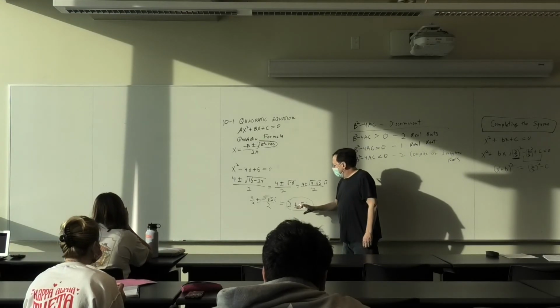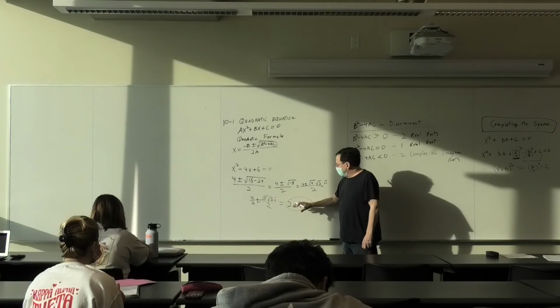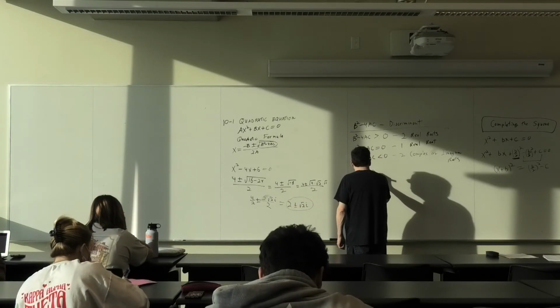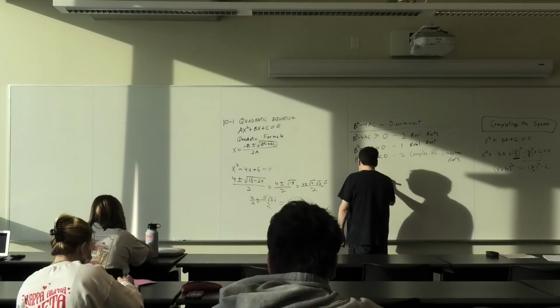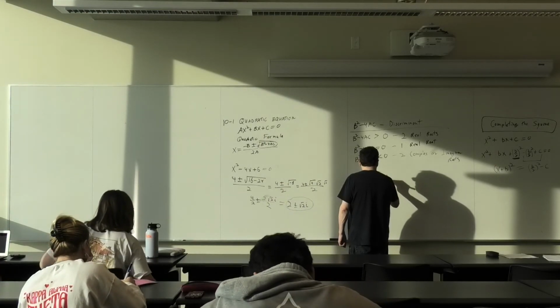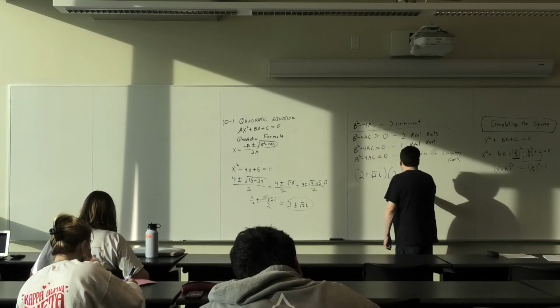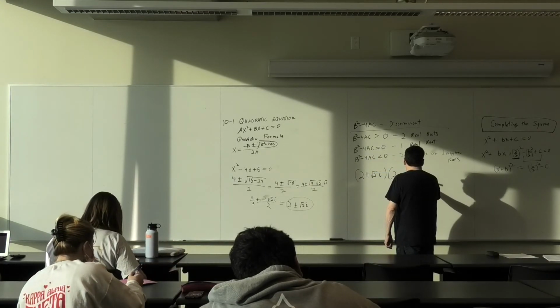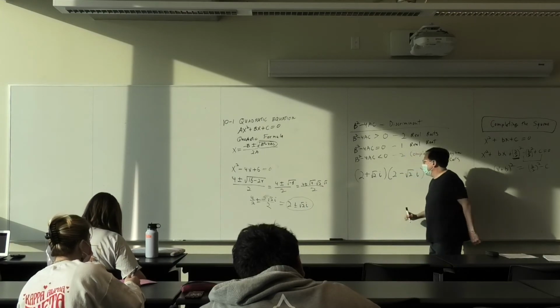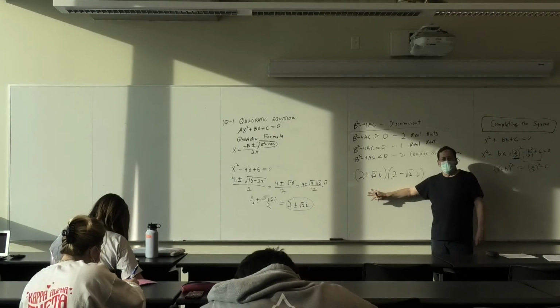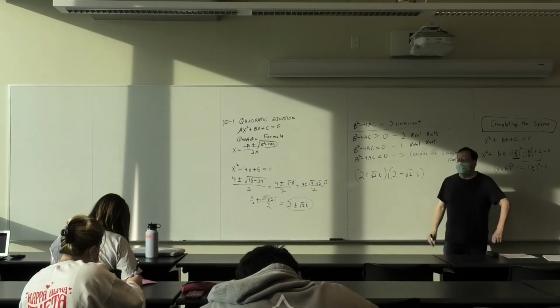Now, there's something special about these two roots. I'm going to write them out. 2 plus square root of 2i, and 2 minus square root of 2i. Can anyone tell me these have some kind of relationship we've talked about? Does anyone recognize it?